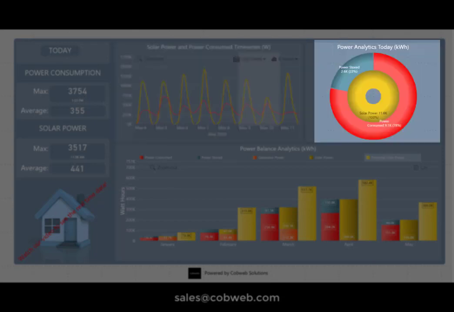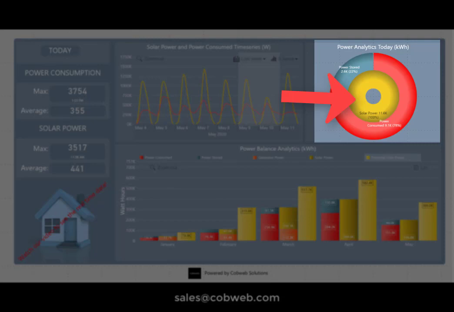The donut on the top right, there are 2 rings to the donut. The central ring, which shows the power coming in. Now that can be from the generator or from solar power. Today, the generator was not switched on, so our entire power came from the solar panels, and it's approximately 11 kilowatt hours we managed to gather.